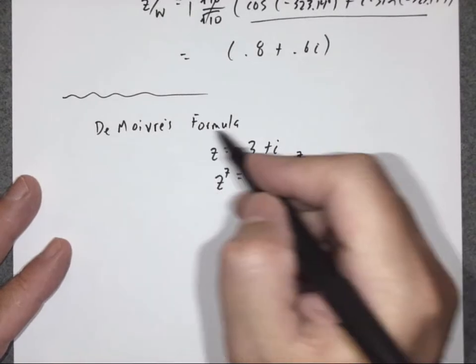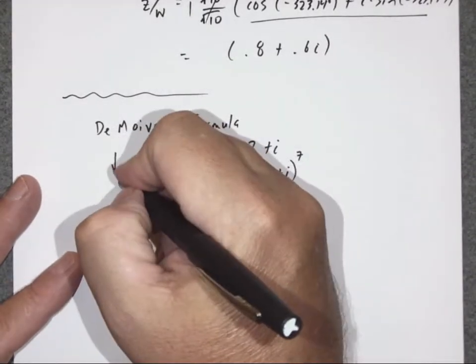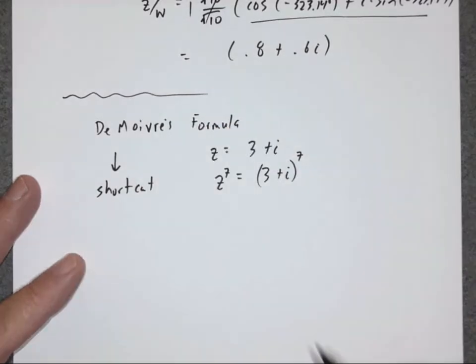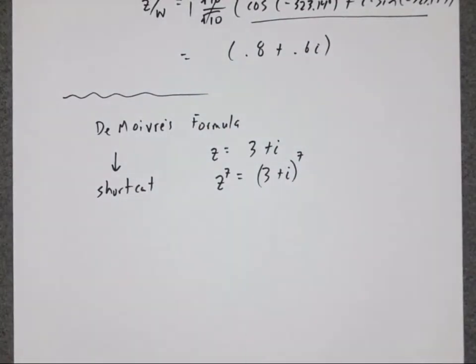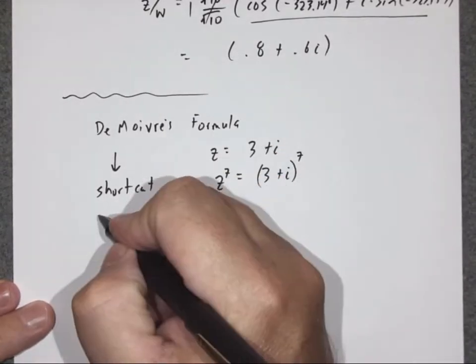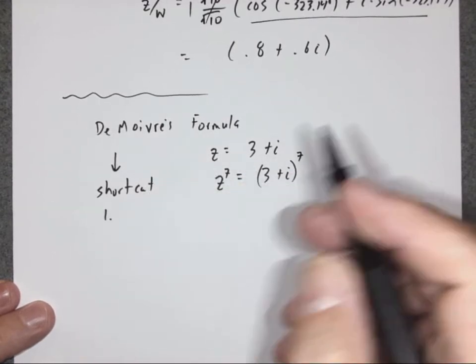However, this De Moivre came up with almost like a shortcut, an easier way to figure this out. And the shortcut is, what De Moivre discovered, really two steps.